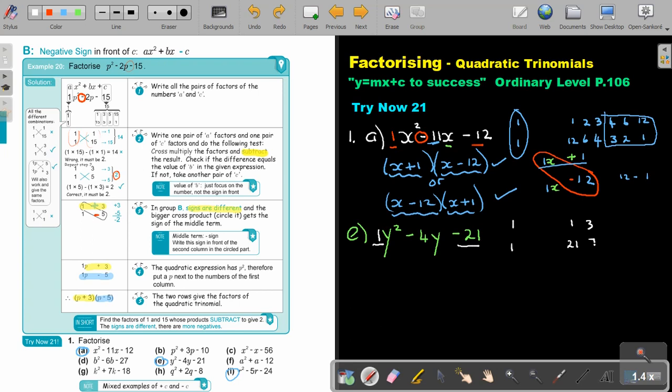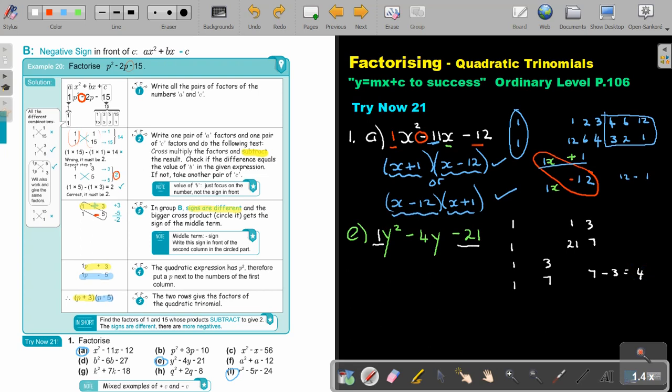So it will be one of these combinations. Now you can even look, 21 minus 1, that's 20. But can you see? 7 minus 3, that's 4. So I'm just going to say 1 and 1, 3 and 7. And then I'm just going to do this. So this is my combination because it's 7 minus 3, which is 4.